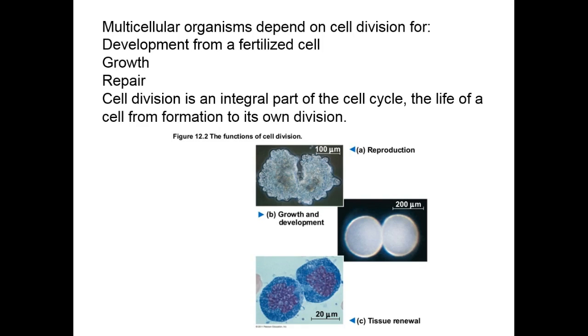Multicellular organisms depend on cell division for many things other than just replicating themselves. They depend on it for development of gametes, which are the ability to make more fertilized cells. They depend on it for the fertilized cell. They depend on it for growth, for repair. Cell division is very much part of the cell's job, its cycle, in the life of forming a cell from its own division.